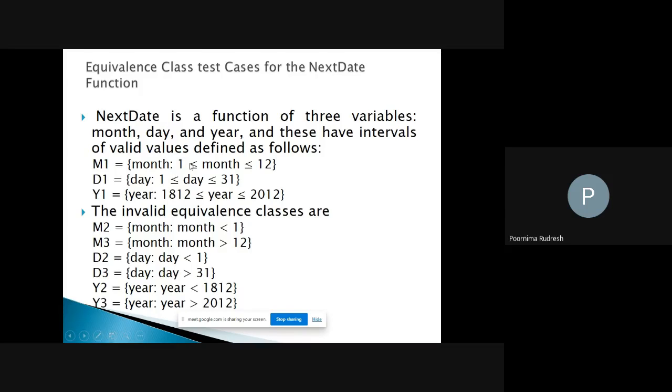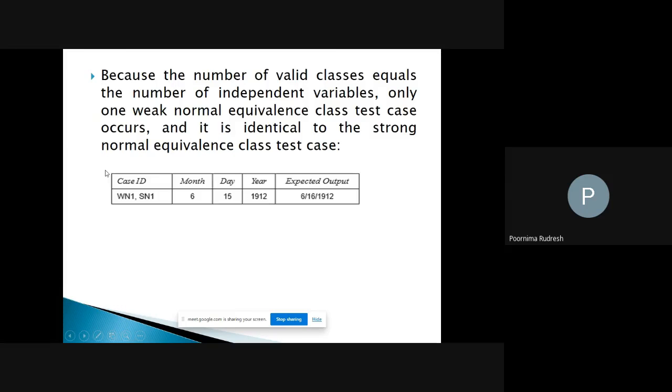Similarly, for the month, if the month is less than 1 or greater than 12, it will be treated as invalid cases. And for the year, if it is greater than 2012 or less than 1812, that is treated as the invalid equivalence class. So here, three are defined for the valid equivalence class and six are defined for the invalid equivalence class, because here we are considering both the minimum and maximum value for each of month, day and year.